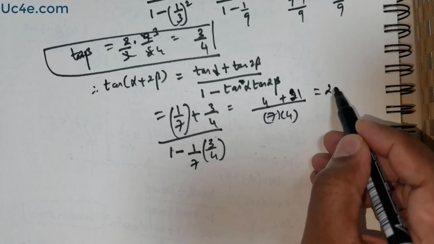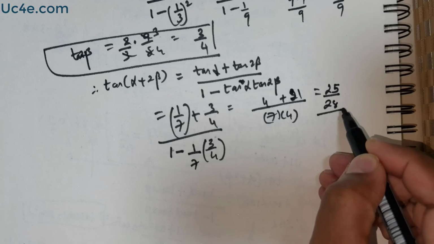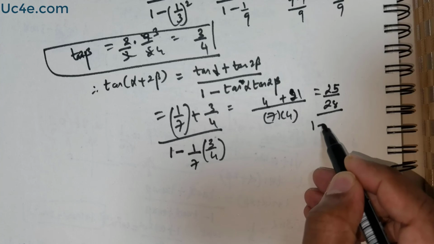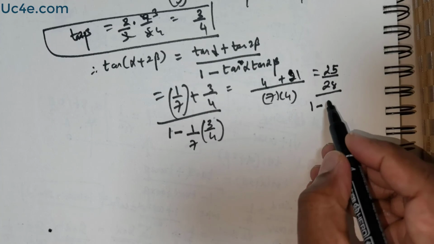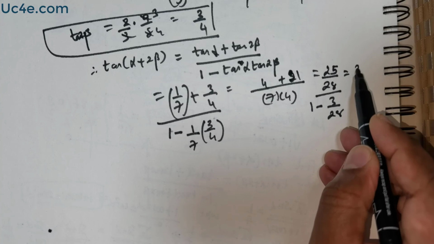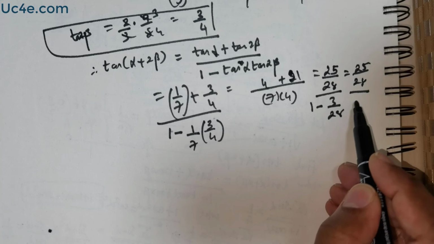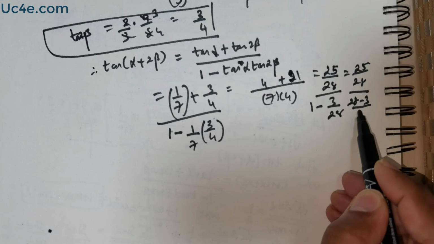So this is going to be 25 over 28 divided by 1 minus 3 over 28. So this is 25 over 28 divided by 28 minus 3 over 28.